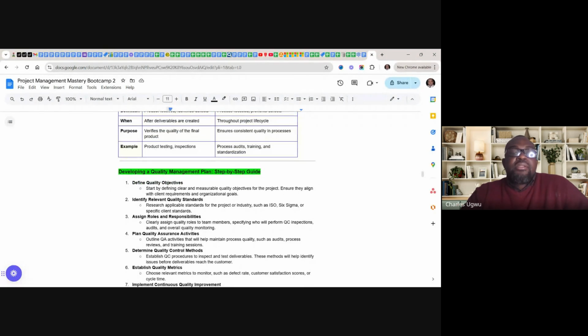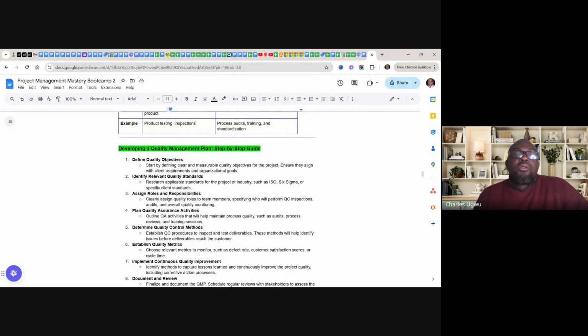Let's look at it step by step. We've already seen the building blocks, but here is a step by step guide in building a quality management plan. If you follow these steps, number one is define quality objectives. Start by defining clear and measurable quality objectives for the project.